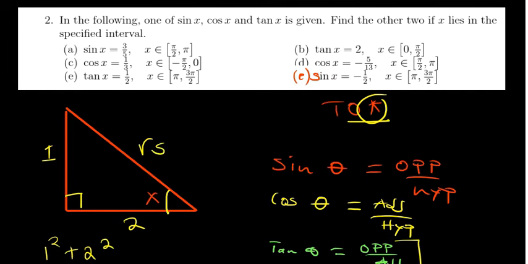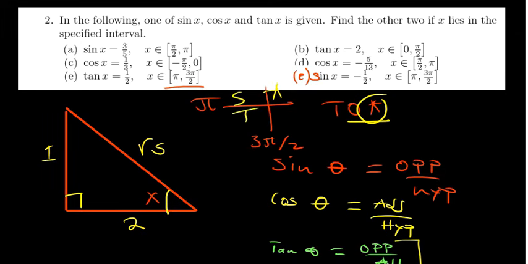Okay, so which quadrant are we in if you look at the value of x here? Observing the value of x, 3 pi over 2, between 180 and this part, so we are in the third quadrant. In the third quadrant, all students take coffee, so tan is the only positive one, and all the other answers will be negative.